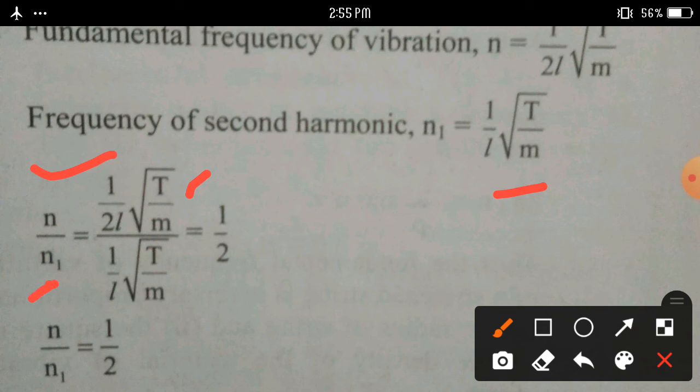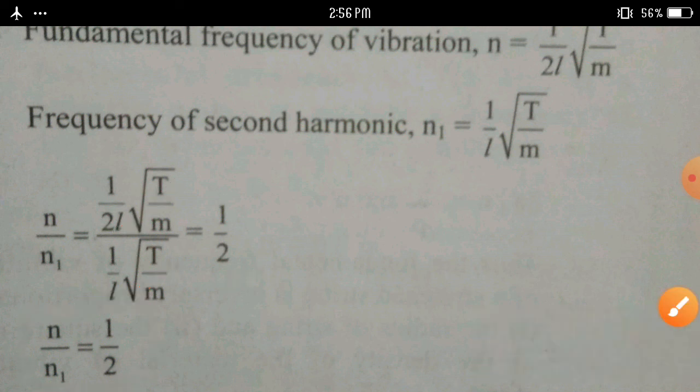Taking the ratio, 1 upon twice l into the square root of T upon m upon 1 upon l into the square root of T upon m, the common terms get cancelled, remaining n upon n1 is equal to 1 by 2. So for a stationary wave set up in a string having both ends fixed, the ratio of the fundamental frequency to the second harmonic is 1 by 2.